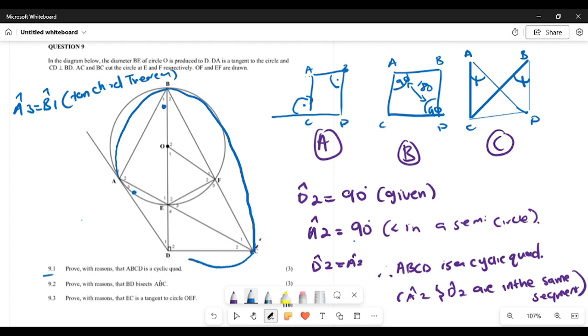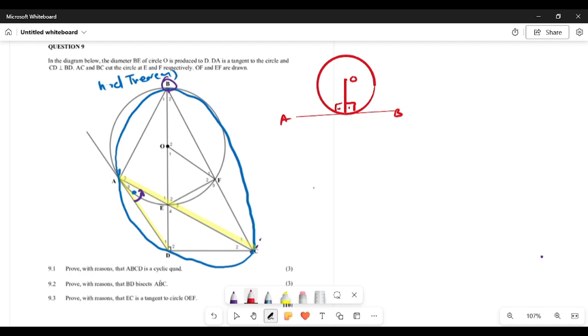The first way is if you could prove that the line from center, so let's say this is AB, to circumference would meet with this line at 90 degrees. Therefore, AB would be a tangent, basically proving that this angle or that angle is equal to 90. This would make AB a tangent. This would be the first way.